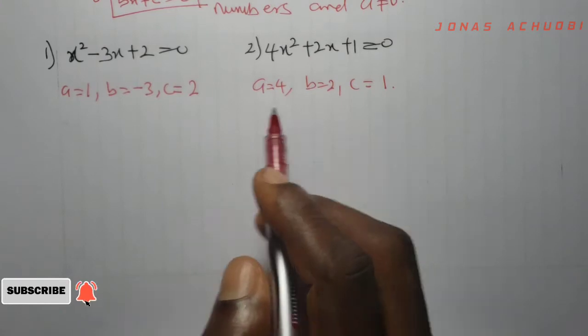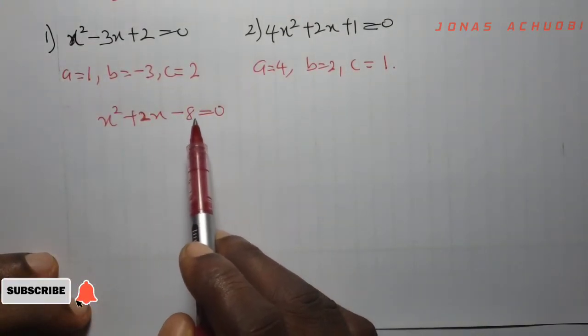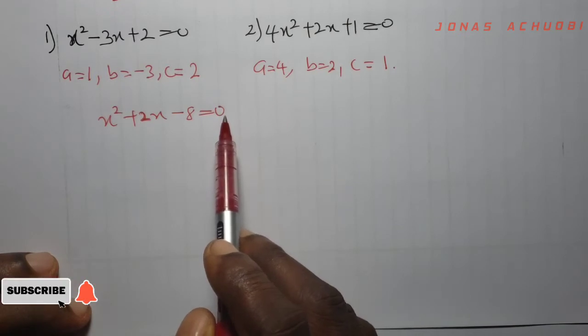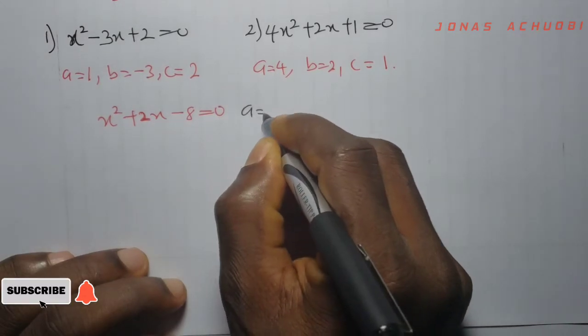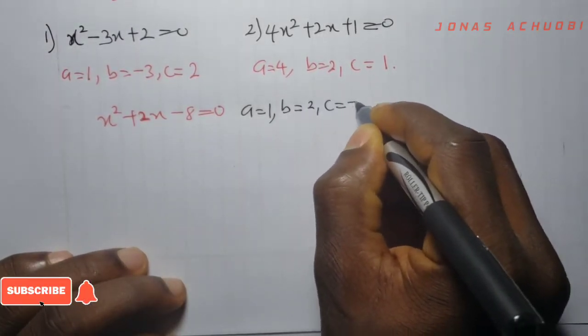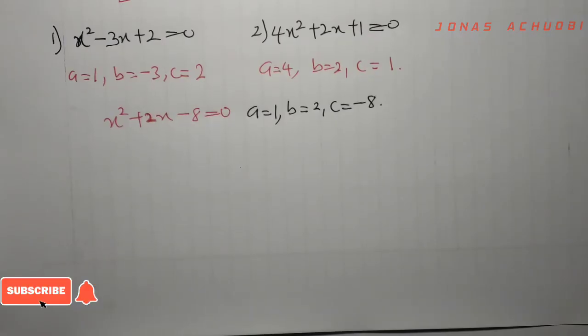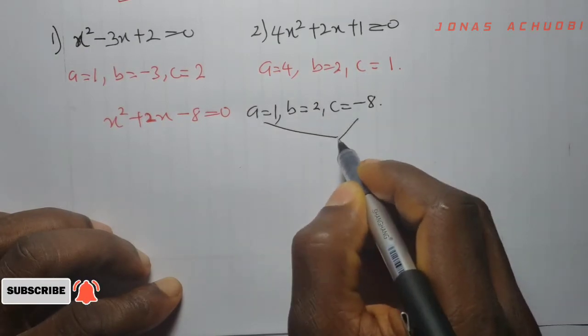For example, we shall solve x squared plus 2x minus 8 equal to 0, by method of factorization. Here, a is 1, b is 2, and c is negative 8. The very first step in this method is to multiply a and c.